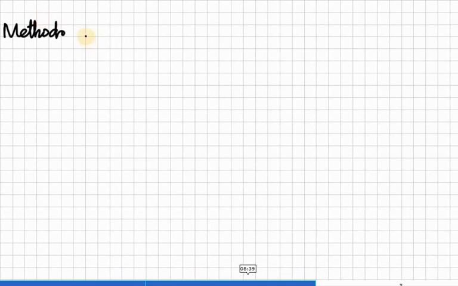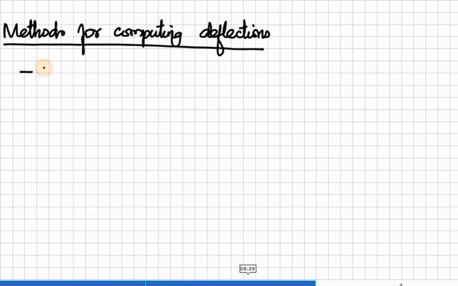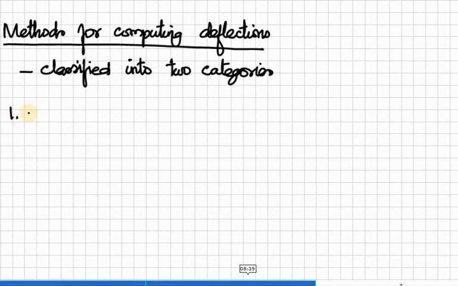And considering the methods for computing deflections, we can classify those methods in two categories. One is geometric method.